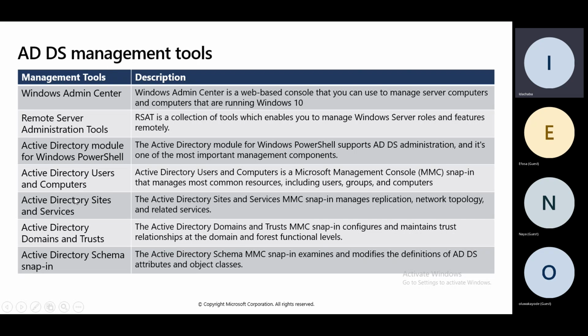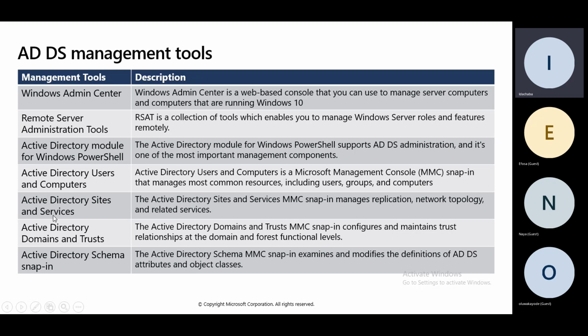So I was trying to explain another one which is called Active Directory. I've done this one, Active Directory Users and Computers, where I added a FOSA. Another one is Active Directory Sites and Services, a snap-in to manage applications, network topologies, and related services.